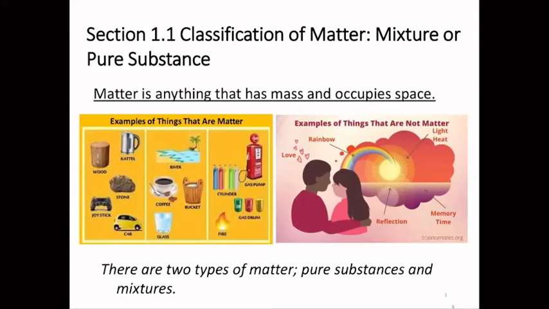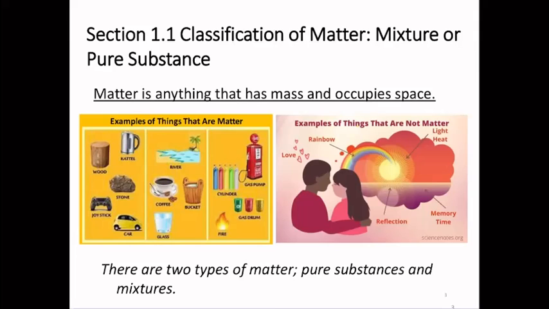In that slide, I also have examples of things that are not matter. Now, let's just learn that when it comes to this, it's not that they do not matter, it's just that as the definition in chemistry, these things are not considered matter. So a rainbow is not matter.